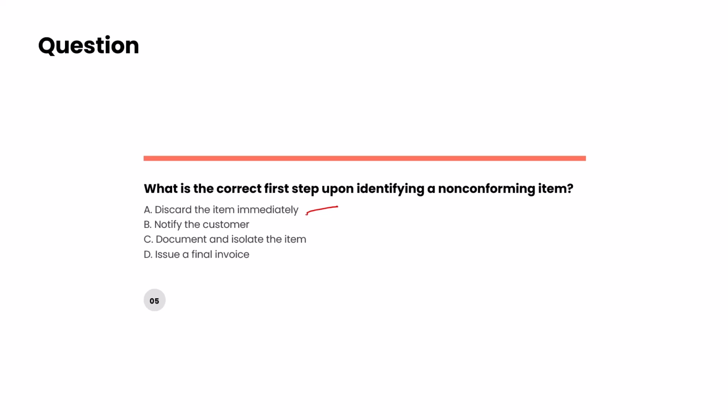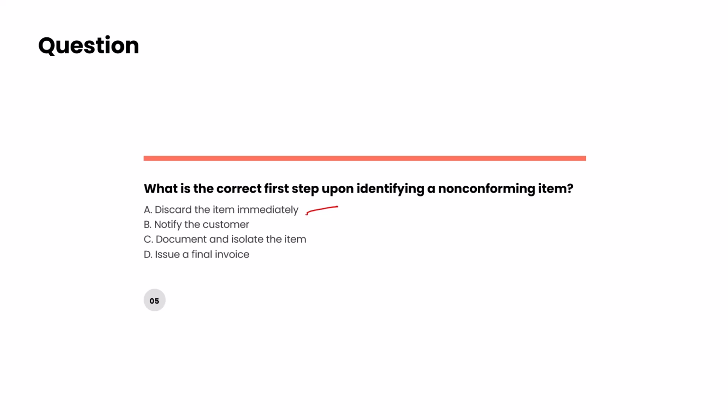And the third choice here is document and isolate the item. Yeah, that makes more sense. So if you have a non-conformity, you document that and you isolate that so that by chance you don't use that item. Let's say if you have a valve which has some defect, you identified that at the site. First thing you might want to do is isolate that so that by mistake that valve is not erected.